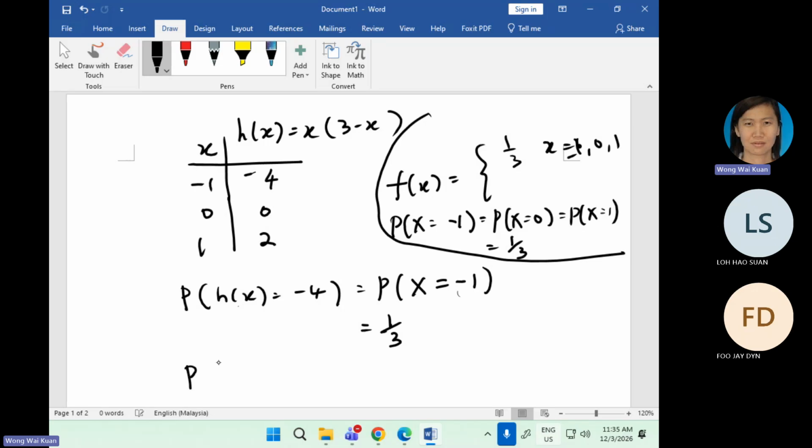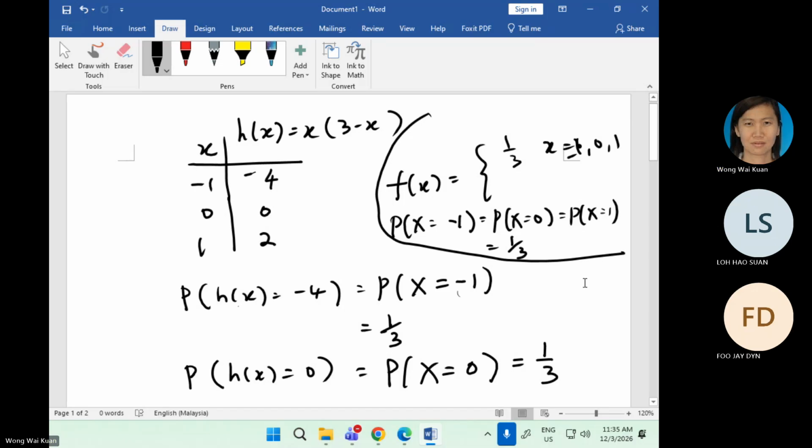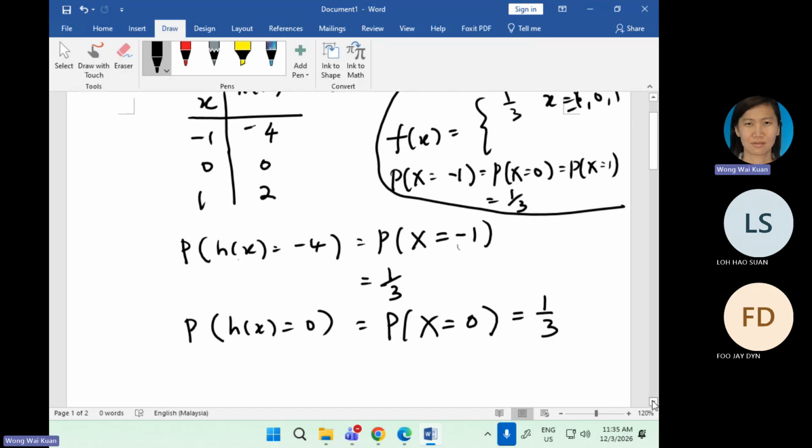Okay, then what about probability of h(x) equals 0? It is probability of x equals 0, and x equals 0, I have a probability of 1/3. Okay, at least this is clear now. Hopefully. Okay, if not clear, then you better ask. Don't wait until the last minute, please.